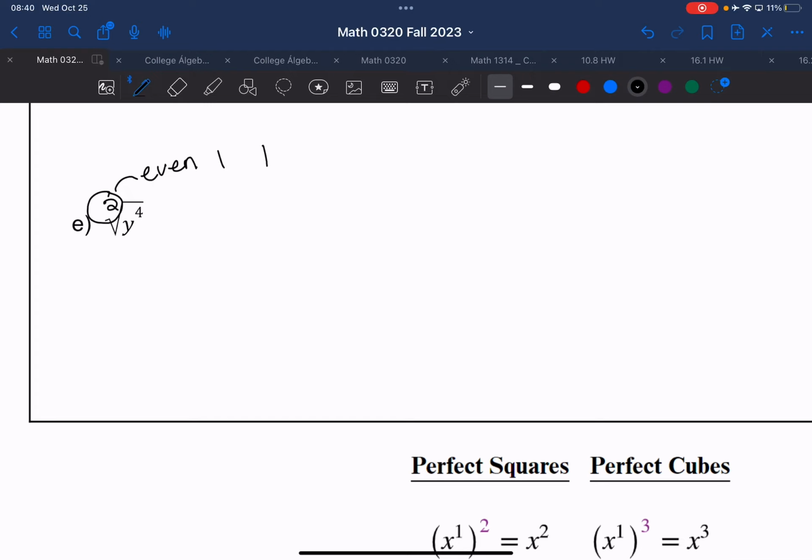So ignore the y for now and think of this as the square root of 4. What would our answer be? 2. But we have the y there, so technically our answer is going to be y squared with the absolute value bars. Good.